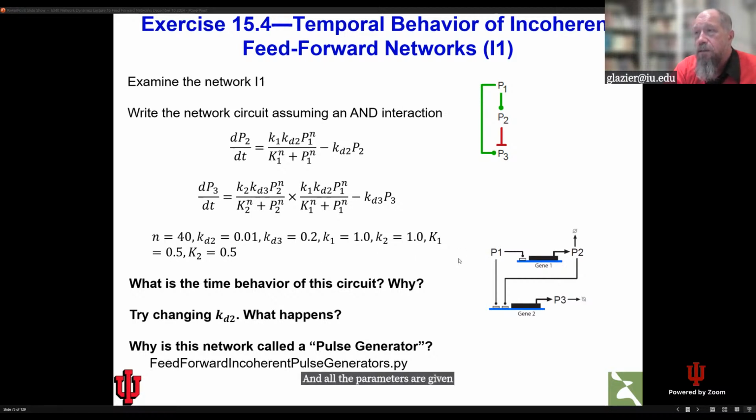And then start with P1 equal to 0. At some time, you can use an event to turn P1 on, and then plot the time series for P2 and P3. Okay?